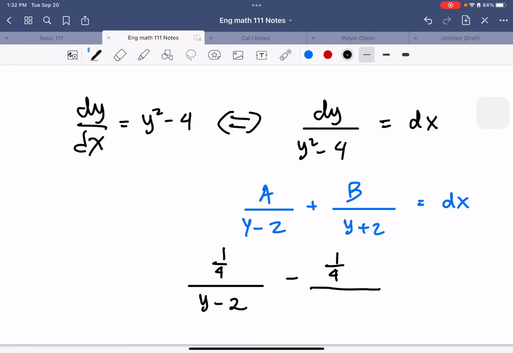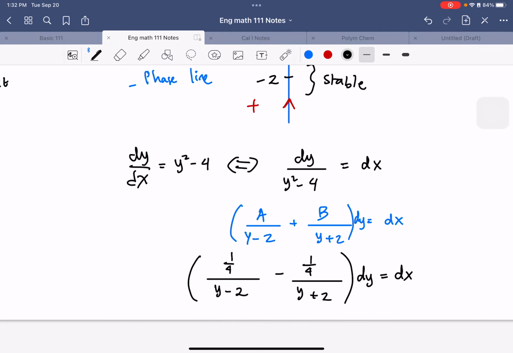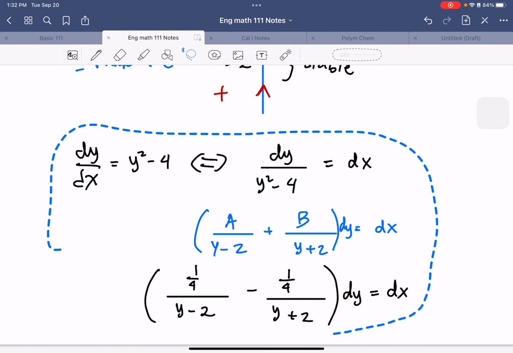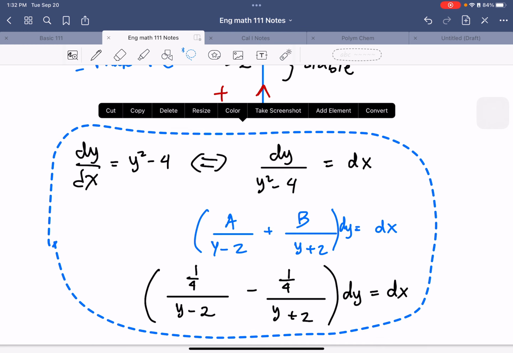Let me just put here, this is y plus 2. Oh, I forgot dy. So this is all multiplied with dy and equal to dx. Okay, I think I need to copy all this. Let me copy, and we move to the next page so it's much clearer.